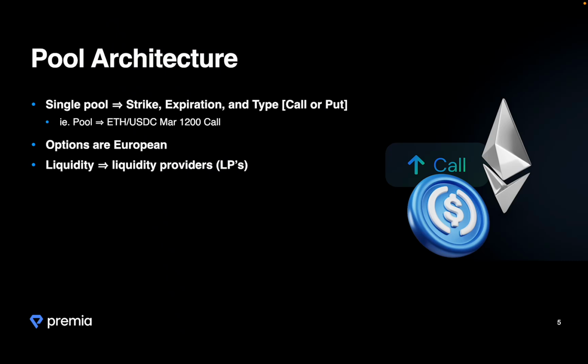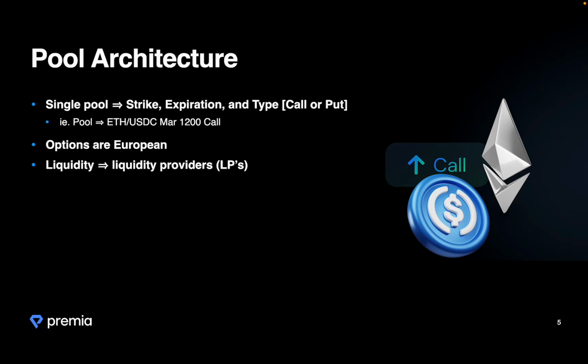So we'll start with pool architecture and what a pool is in the first place. A single pool represents a strike, an expiration, and an option type.